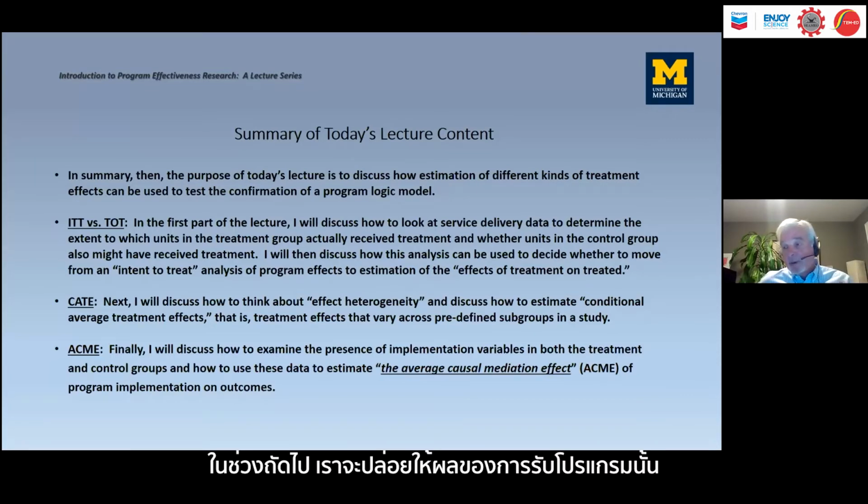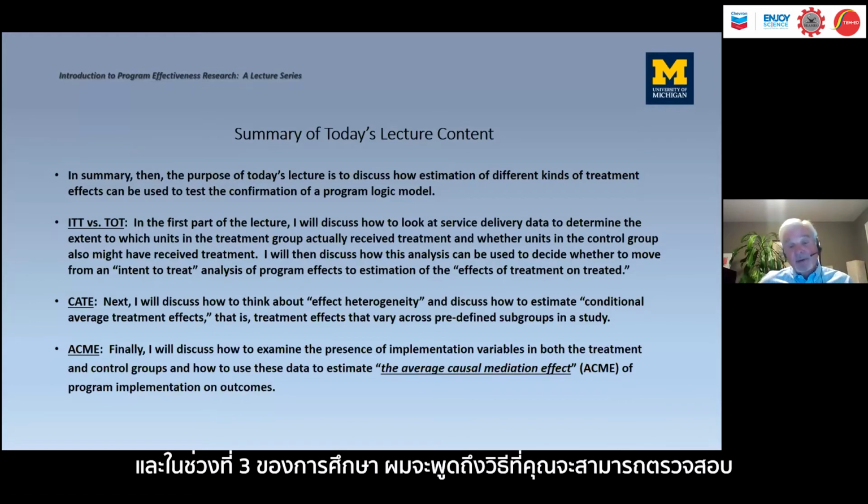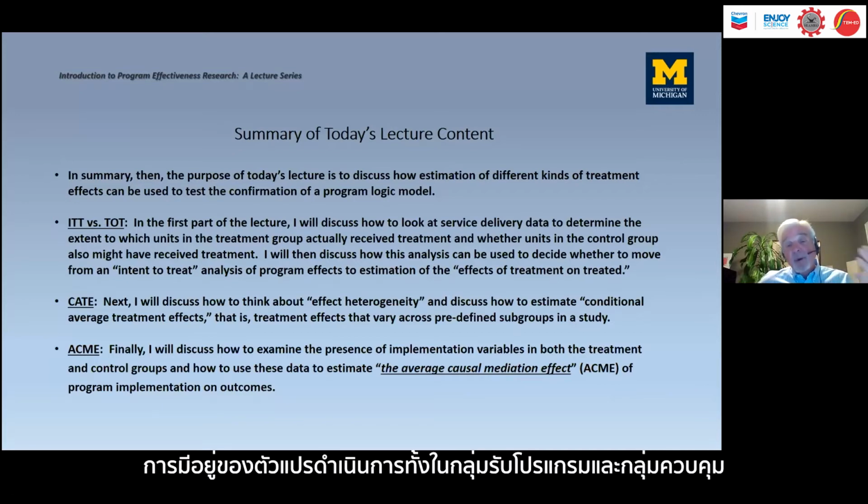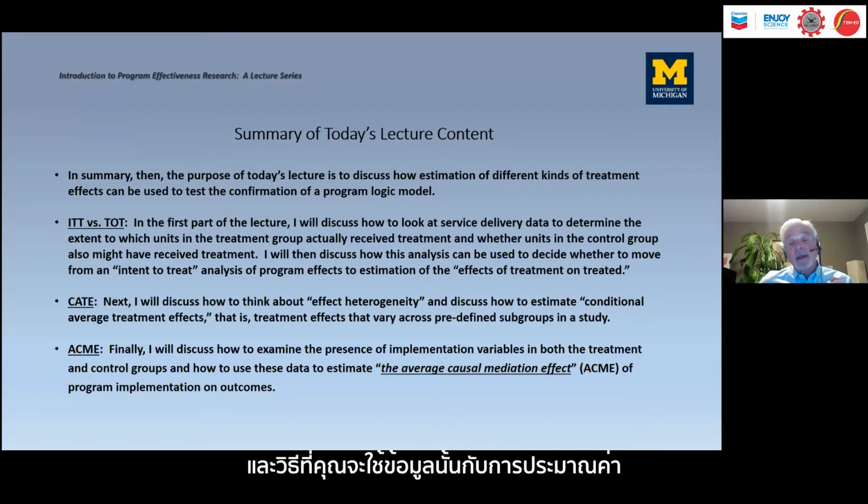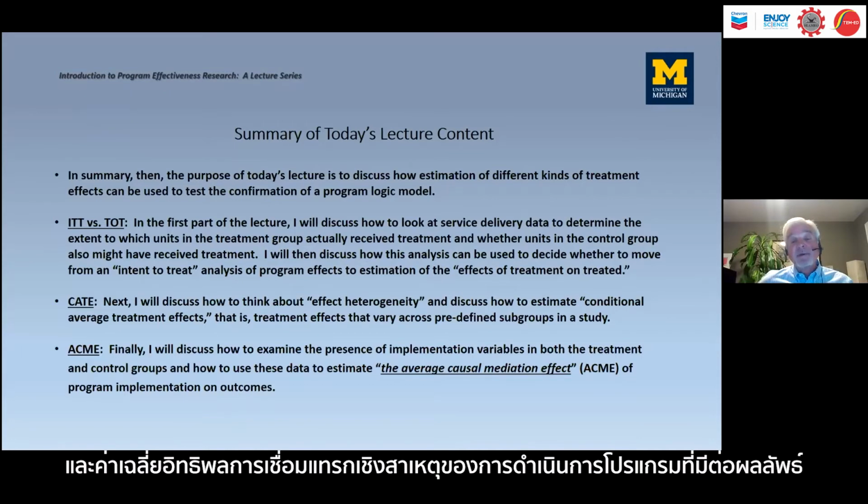In the next, we're going to allow treatment effects to vary across subgroups in our study, and that's called the conditional average treatment effect. And in the third part of the lecture, I'm going to talk about how you can examine the presence of implementation variables in both treatment and control groups and how to use data on that to estimate an average causal mediation effect of program implementation on outcomes.